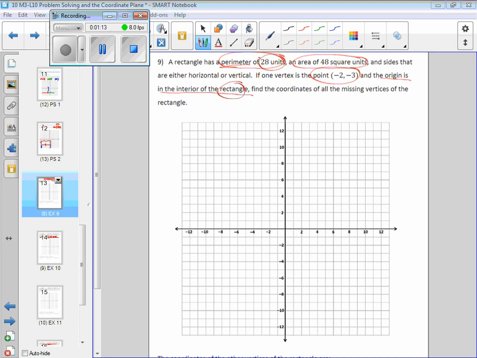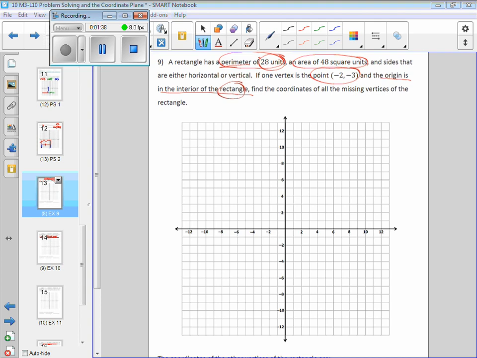If the perimeter is 28, that means all four sides add up to 28. Therefore, what are two sides? One vertical and one horizontal is going to be a total length of what? Nick, I haven't heard from you. Let me hear you. Four sides, 28 units.